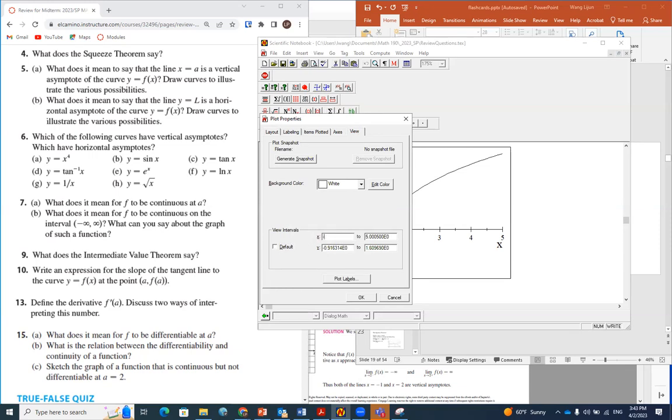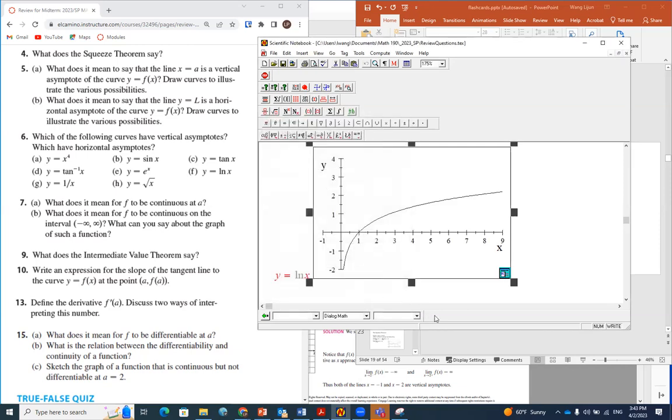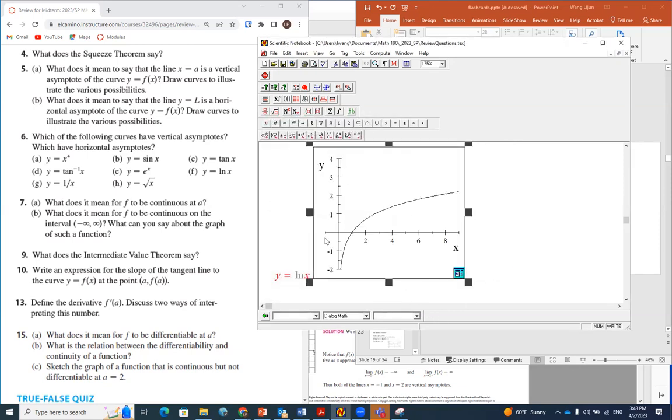And here there's a vertical asymptote, right? Here, there's a vertical asymptote. What is the vertical asymptote? Obviously, that is the y-axis asymptote. Wait, did I spell it right?